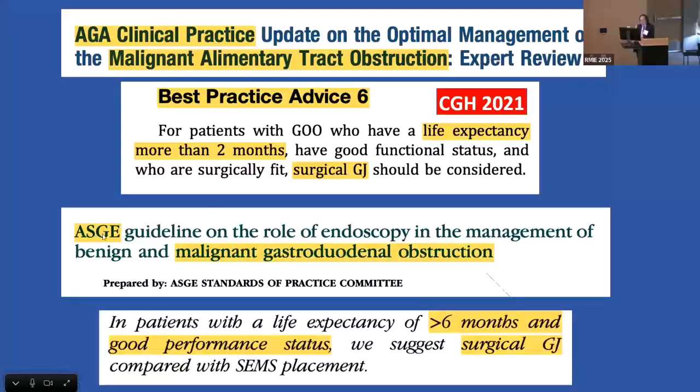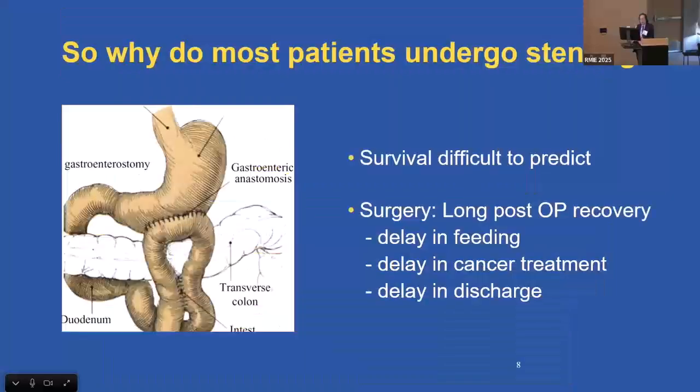And then we have the ASGE guidelines for malignant gastroduodenal obstruction: in patients with a life expectancy longer than 6 months and good performance status, we suggest a surgical GJ compared with SEMS. So they're extending this a little longer to 6 months. But basically, in patients who are felt to be extremely frail and more or less bedbound, then yes, a SEMS. Otherwise, send for a surgical GJ.